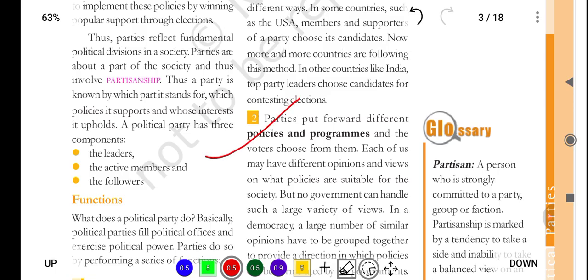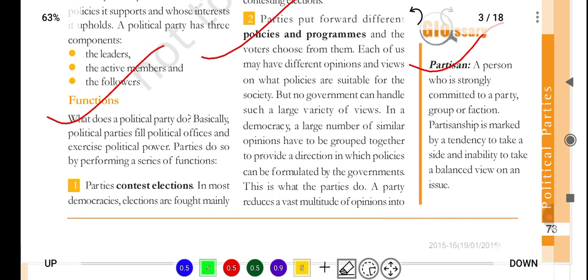Glossary, policies and programs, functions. Glossary, partisan, a person who is strongly committed to a party, group or faction. Partisanship is marked by a tendency to take sides and inability to take a balanced view on an issue.